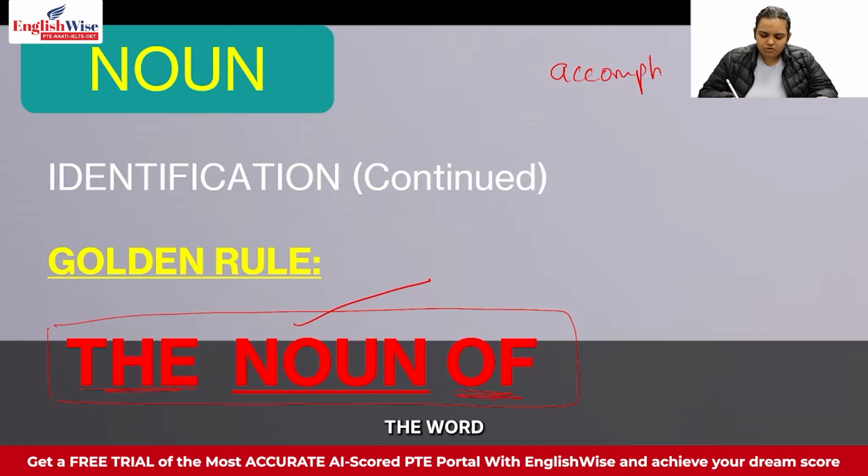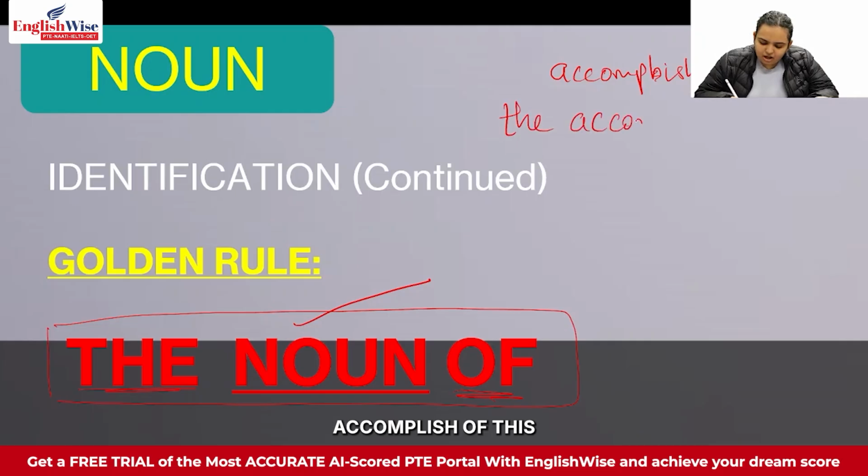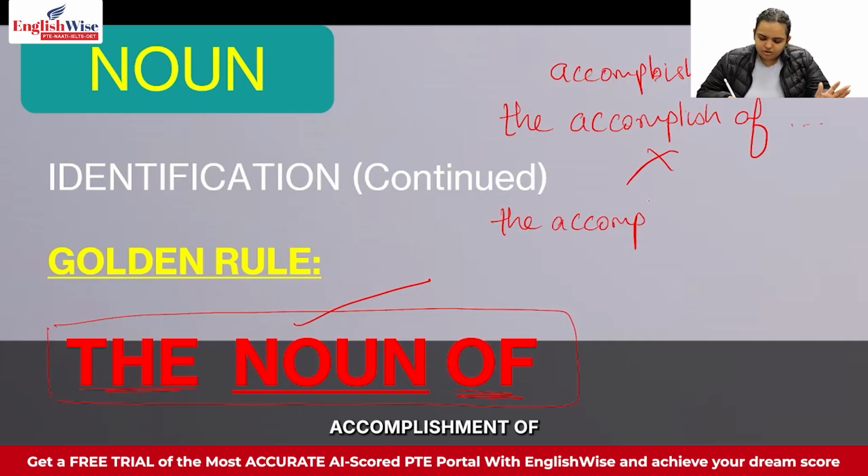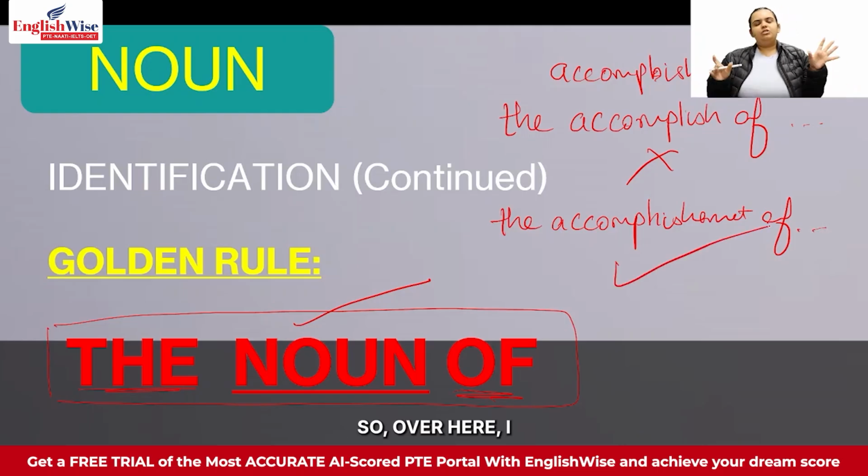I cannot say 'the accomplish of this person is very good.' But I can say 'the accomplishment of this person is great.' So over here I can understand that whatever word fits between 'the' and 'of' can only be a noun. Accomplish can't really fit between 'the' and 'of'.